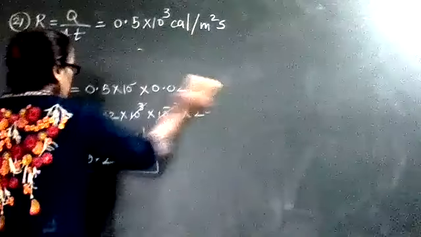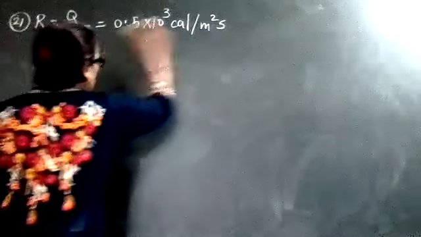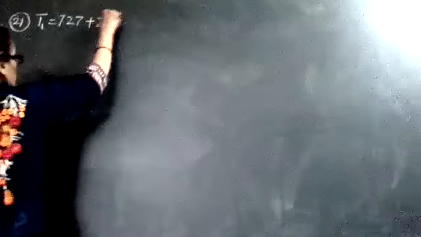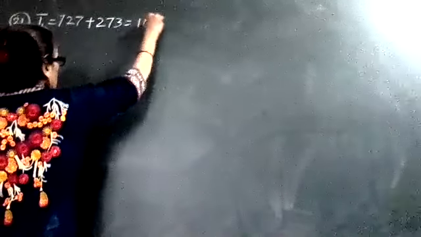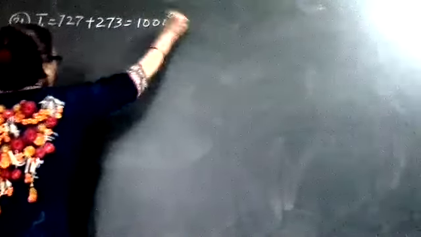Right? So you have been given two temperatures. So temperature T1 is 727 plus 273, which is equal to 1000 degree Kelvin.